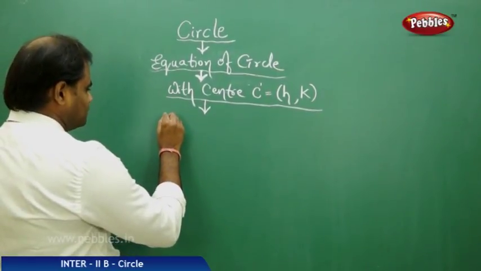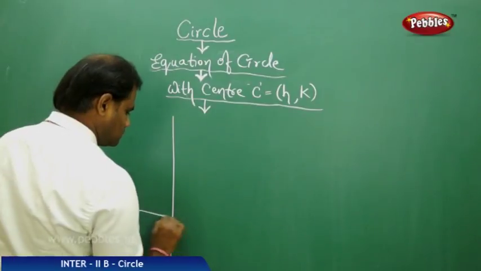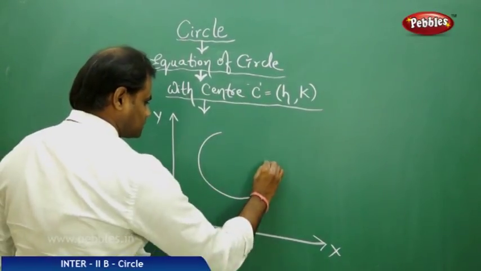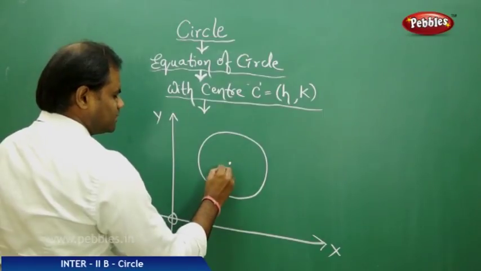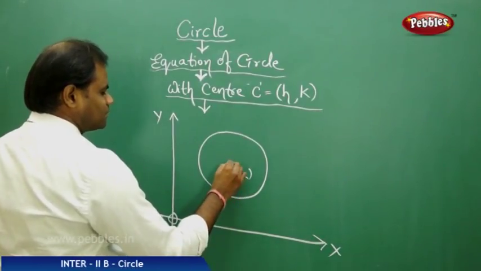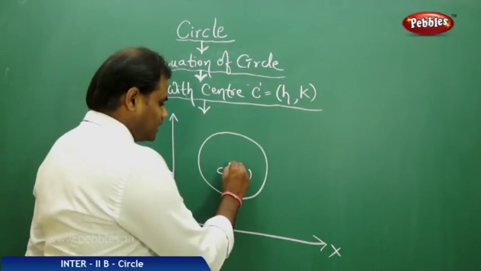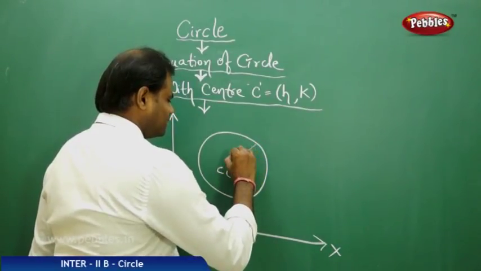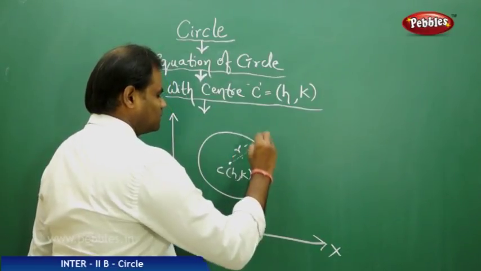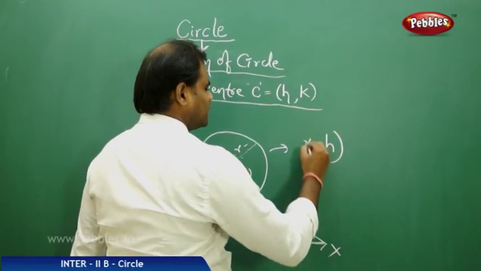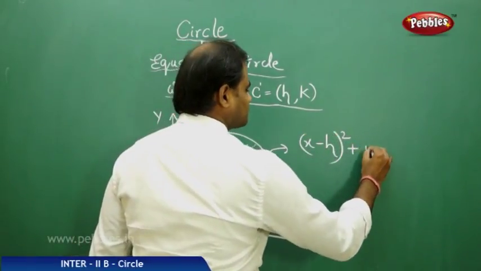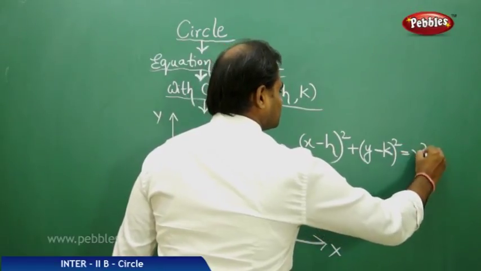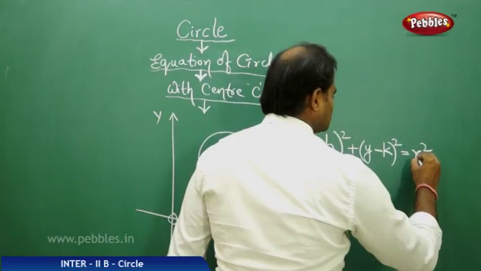If I have x-axis, y-axis, origin, and a circle with center h, k and radius r, it is given by the equation x minus h whole square plus y minus k whole square is equal to r square.